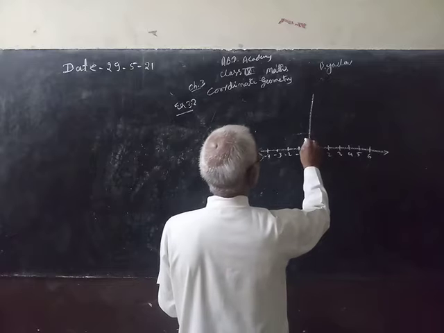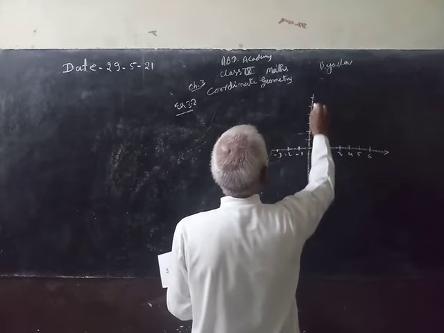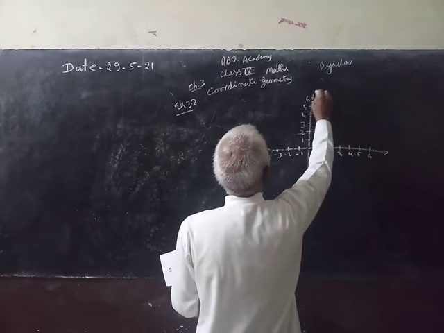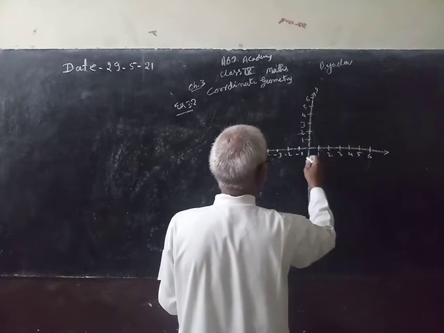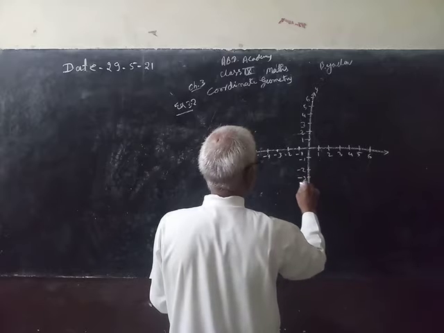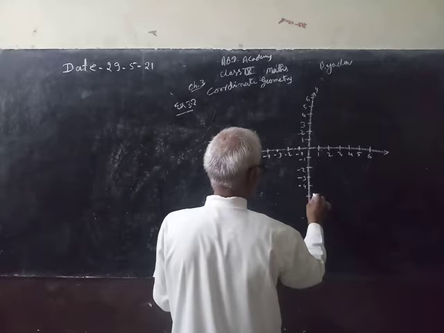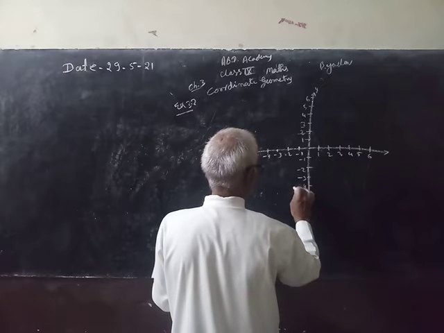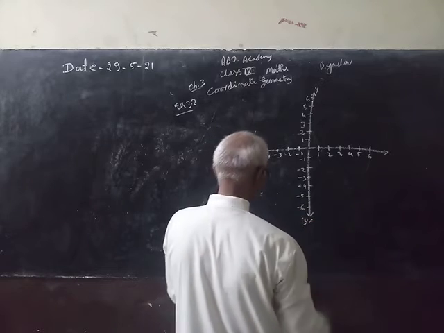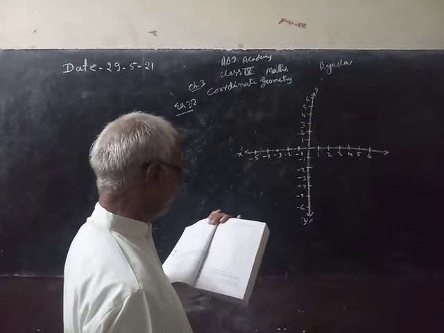Now on the y-axis 1, 2, 3, 4, 5, 6. Here is the y-axis and minus 1, minus 2, minus 3, minus 4, minus 5, then minus 6. This way figures are made.